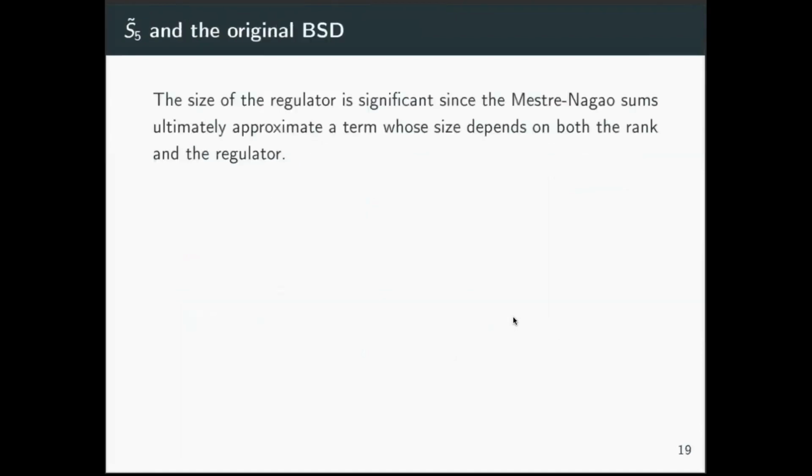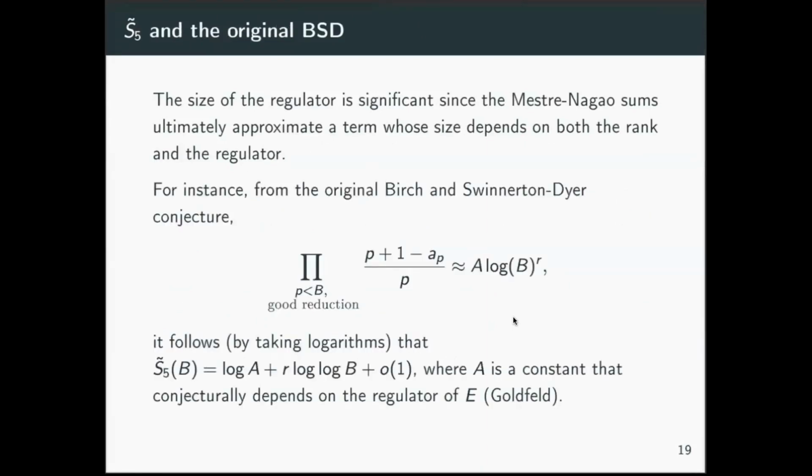And this bias is really important for what we are doing, because if you look at what Mestre-Nagao sums are doing, for example, that sum S5 that I mentioned at the beginning, you're basically investigating this term log A plus R log B. This is the original Birch and Swinnerton-Dyer conjecture, the original observation by Birch and Swinnerton-Dyer.